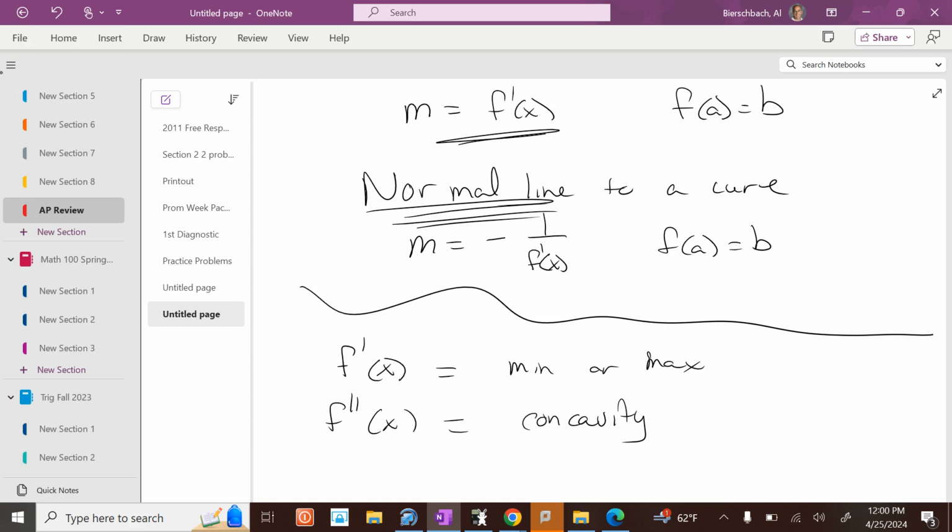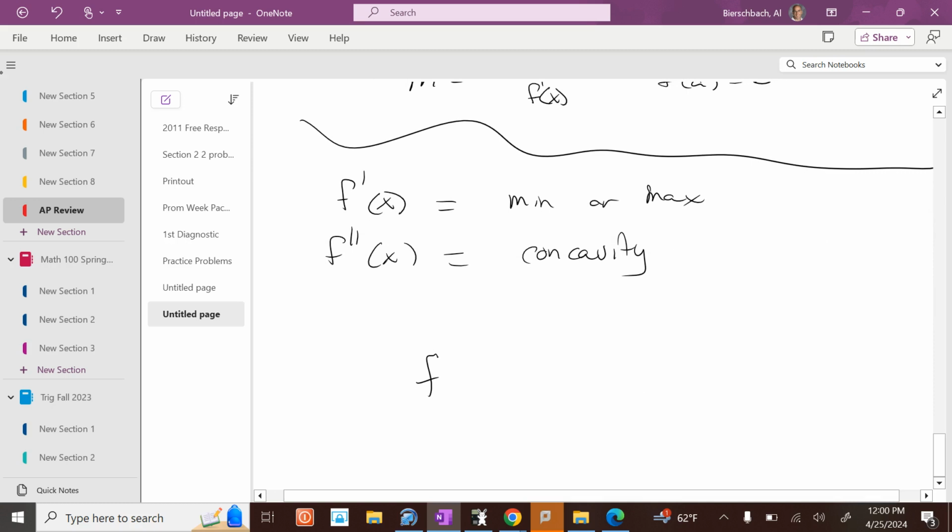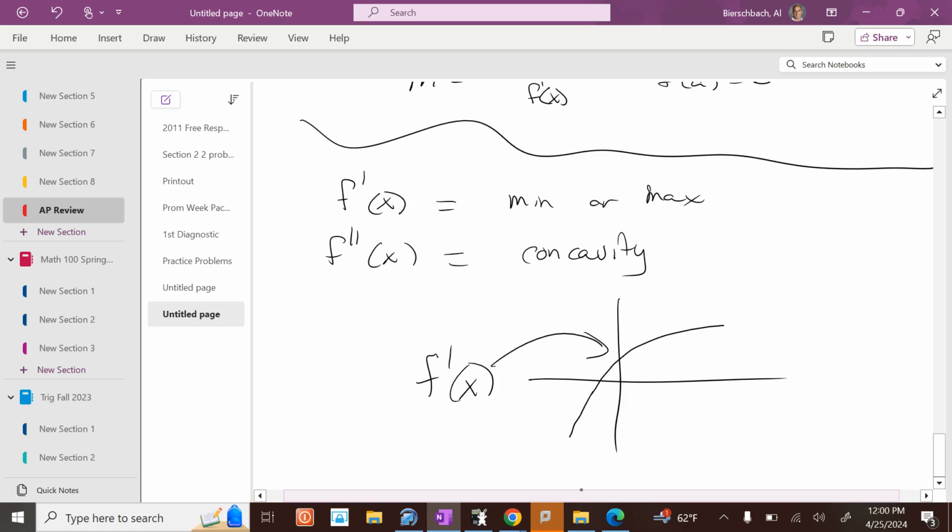Let's say this is the first derivative curve, and this is like negative 1, 1, 2, 3. Where is this concave down? Where is it concave up?